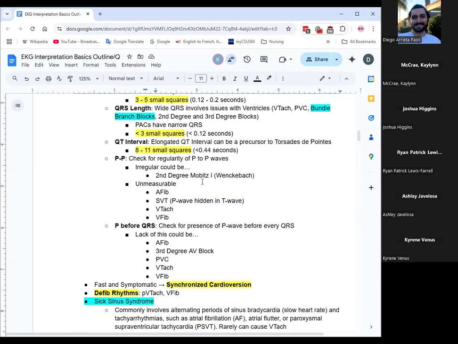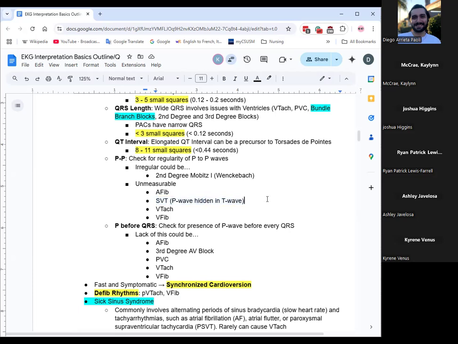I think they call them F waves? Yeah, it's basically non-existent. I believe it's called an F wave. I could be wrong, but they don't really talk about it in the content. So you don't have to worry about it, but if it's unmeasurable, it shows AFib.